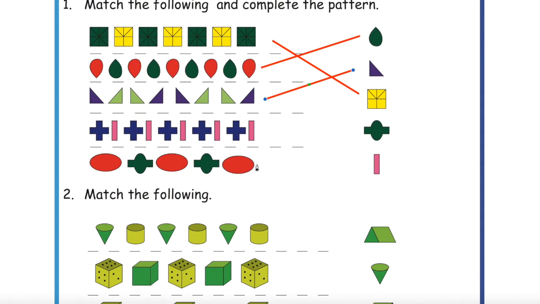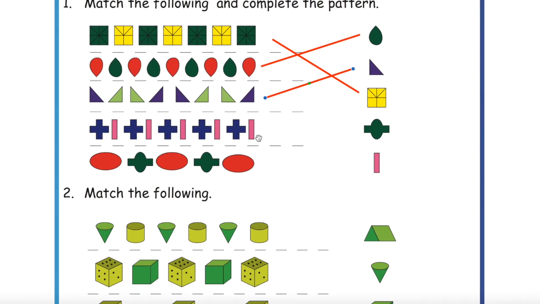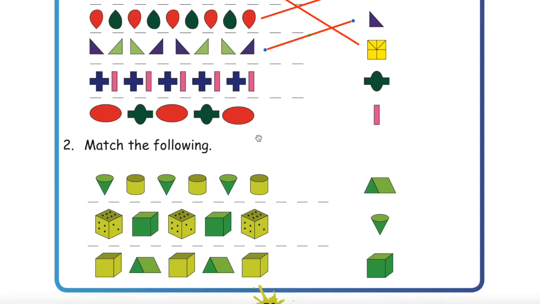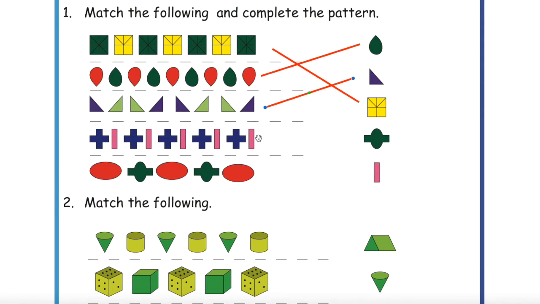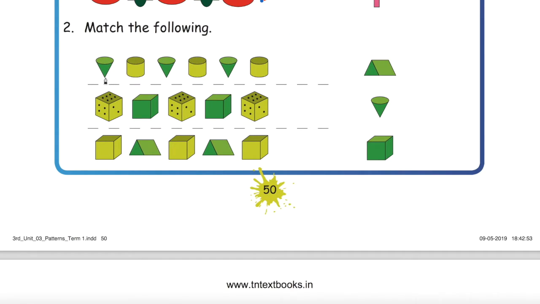Here what should come? Plus should come. Where is the plus? Plus is not available. From this we can say that this is what has to come after this. No problem. But here, plus has to come, but plus is not available. Maybe a printing mistake.